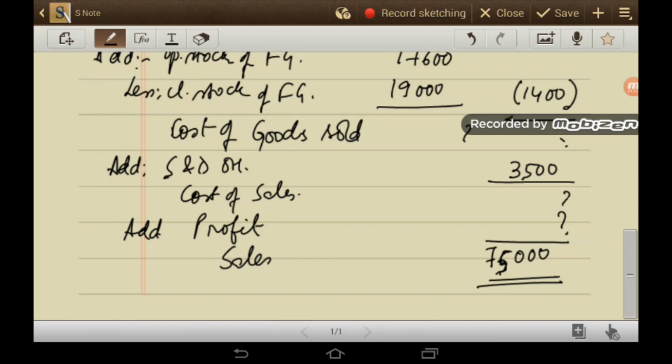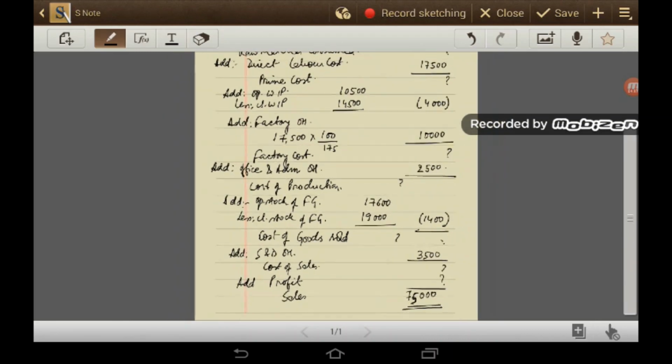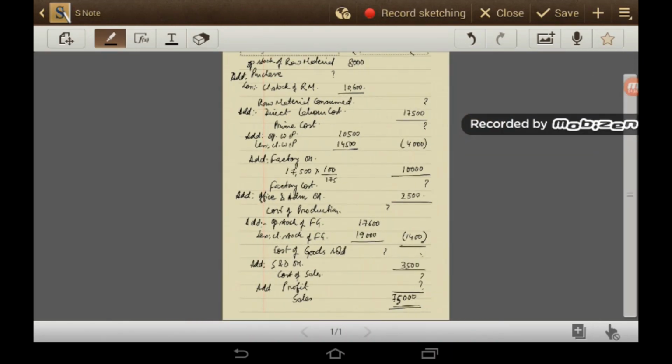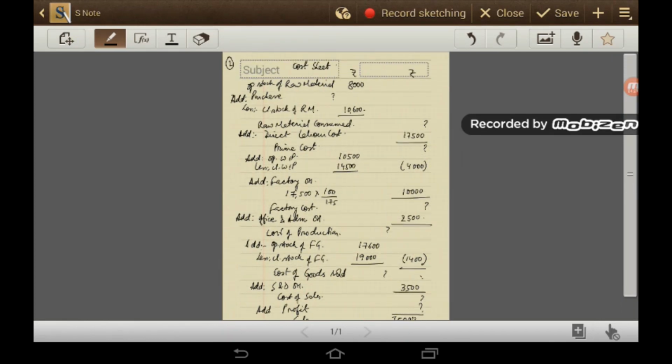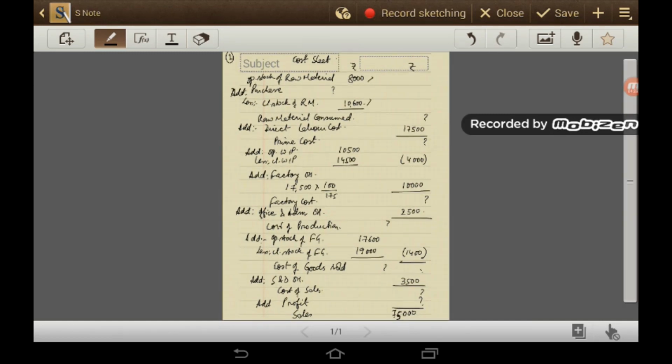So this is the structure of cost sheet we have prepared, and let me show you in one screen. So what are the values which are available with us and what are the missing figures we have to find out. So opening stock of raw material we are having, then closing stock of raw material we are also having, direct labor cost, opening WIP, closing WIP, then factory overhead, office administration overhead, opening stock of finished goods, closing stock of finished goods, selling distribution overhead and sales.